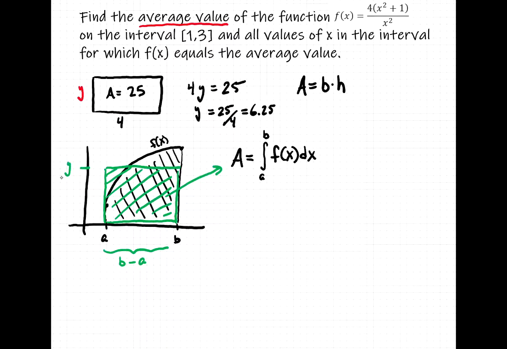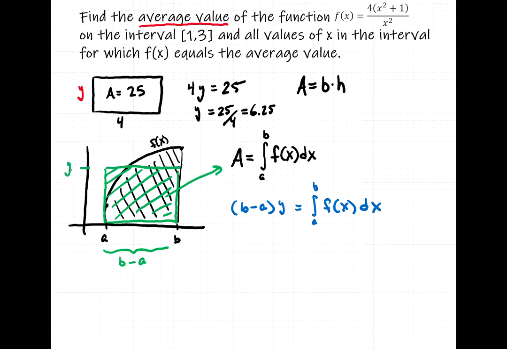So base times height equals area. Now we could say that the base, which is b minus a, times the height, which is y, should equal the area, which is the integral from a to b of f of x dx. Let's say we know a, we know b, and we know the function f of x, so we could find the area.